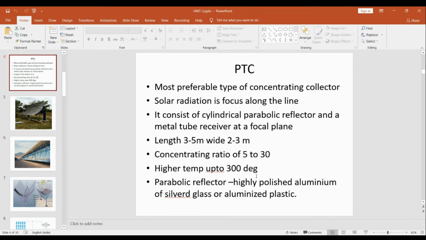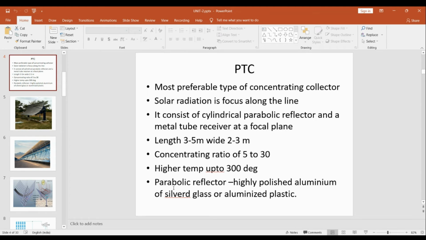We can achieve this 300 degrees Celsius only because of this parabolic trough collector. You never get 300 degrees Celsius high temperature in the flat plate collector or any other collector. Only with the help of the parabolic trough collector can we achieve this 300 degrees Celsius.